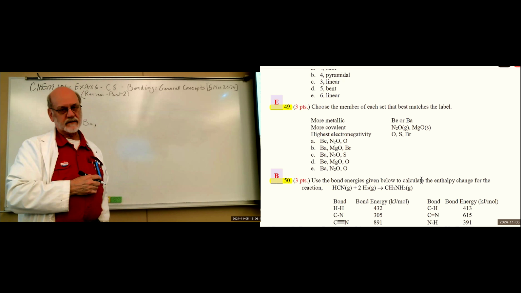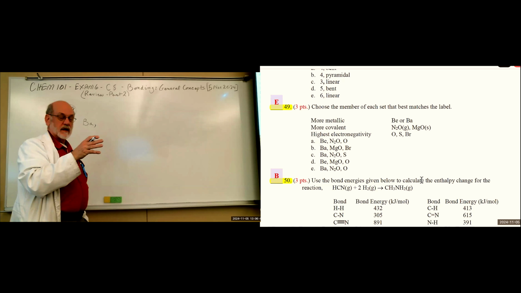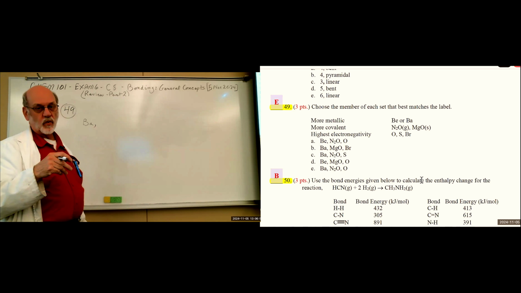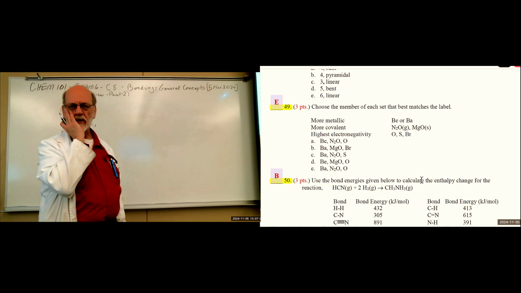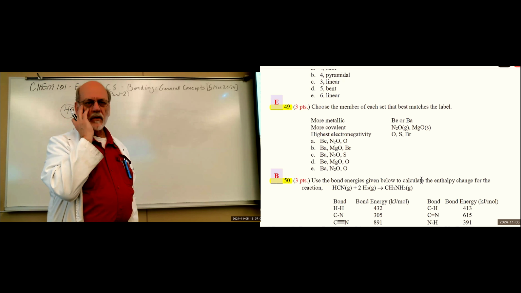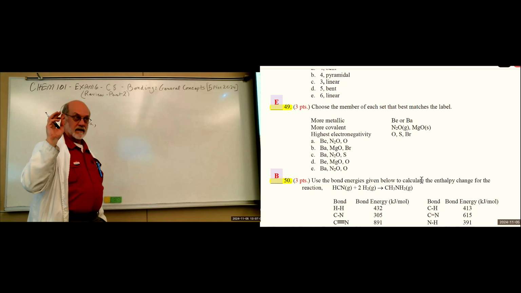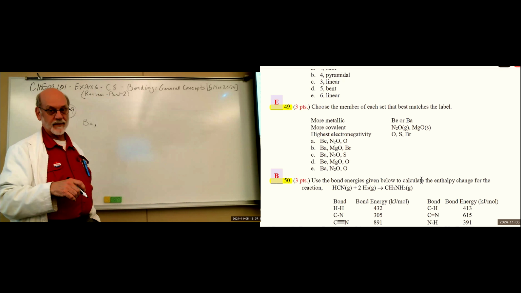Then the more covalent would be the one between a metal and a nonmetal versus 2 nonmetals. So the more covalent would be magnesium oxide, I think. Oh, no. I'm sorry. I was thinking polarity. All right, the more covalent is the one that has two nonmetals versus a metal and a nonmetal.